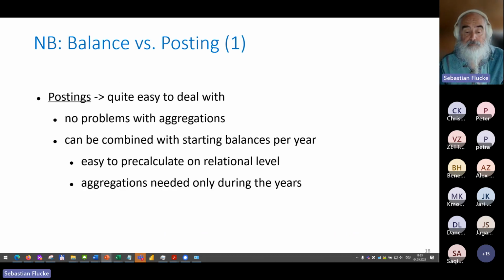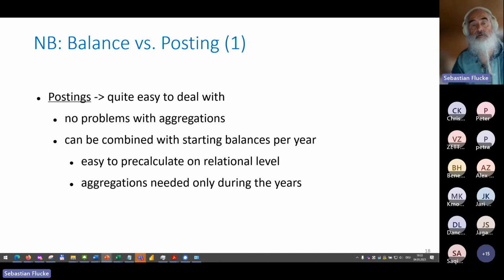A next point which can be important if we deal with fact data is: do we deal with postings or do we deal with balances? Dealing with postings is quite easy. There's no problem with aggregations.